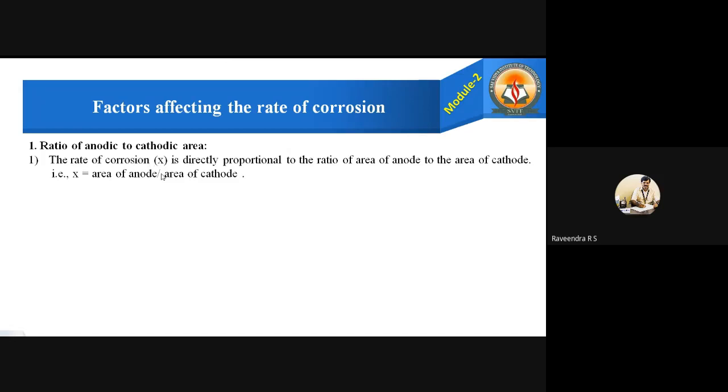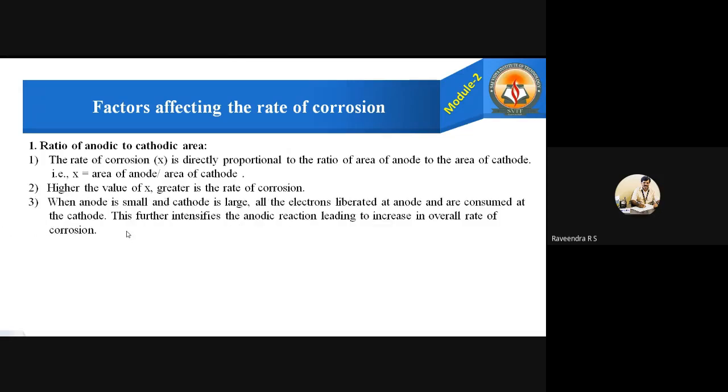The rate of corrosion X is directly proportional to the ratio of the area of anode to the area of cathode. Mathematically, X equals area of anode divided by area of cathode, where X stands for the rate of corrosion. The higher the value of X, the greater the rate.